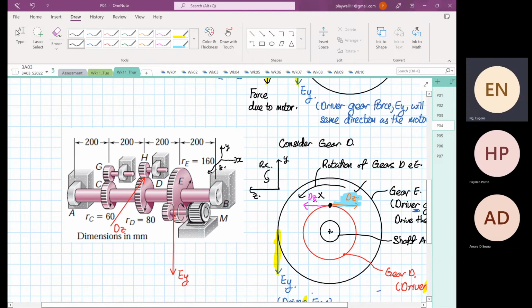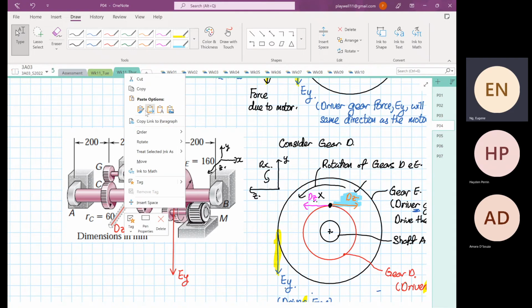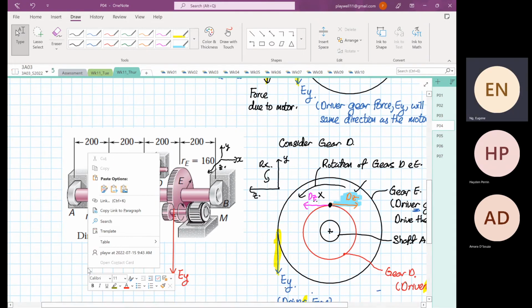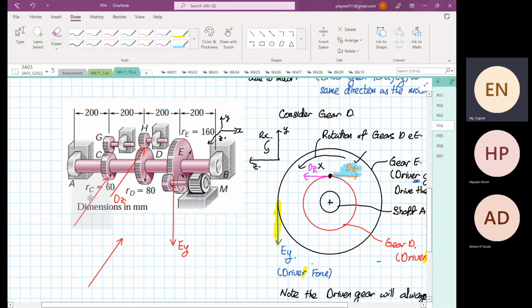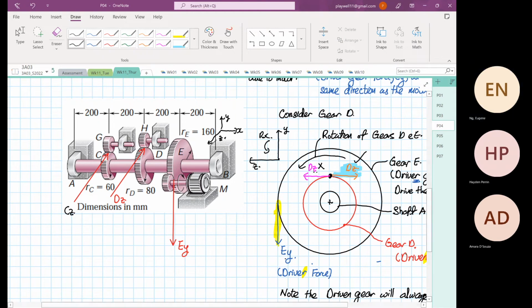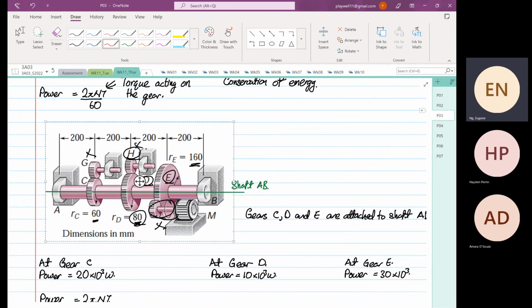Okay. So same thing for gear C also, right? It's going to resist, right? So this is also your CZ. Okay. That is also your CZ. And we know the value, right? We know the value of our DZ and CZ, which we calculated before.